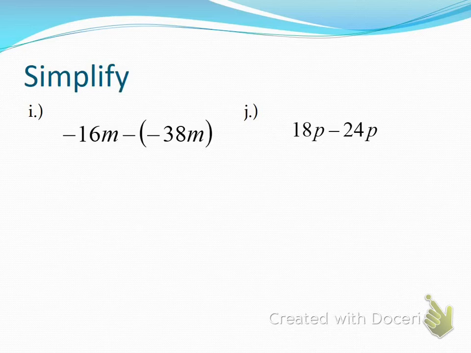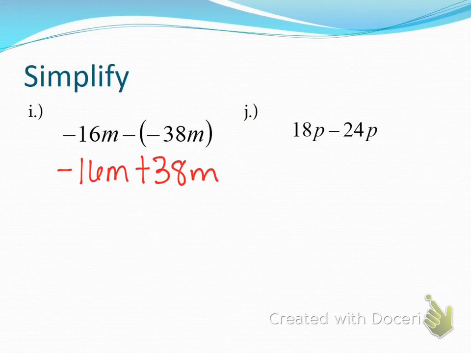Some of you have already said this before, but if we're subtracting a negative, what does it really mean we're doing? Adding a positive. So if you are one of those people that likes to turn it into one big plus sign, you can do that. Or if you like to rewrite the whole thing, that's also fine. The parentheses were only there to separate the two minus signs from each other.